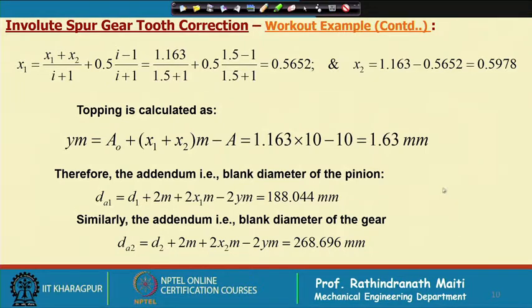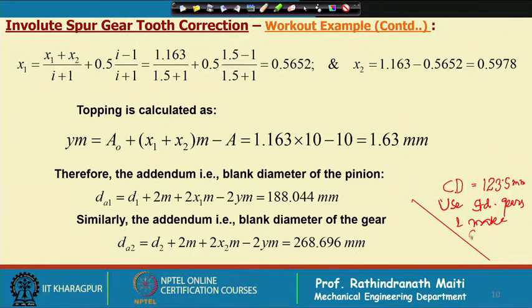Say for example, in a case, suppose CD, center distance, has become 123.5 millimeter. In that case, a suggestion can be given: use standard gears and make CD equal to 125 millimeter.